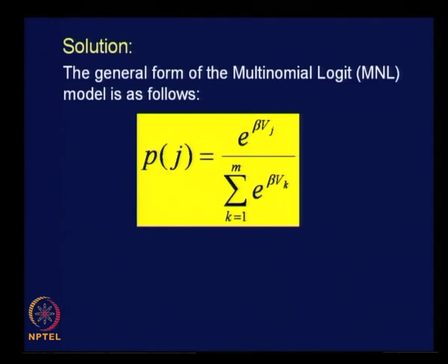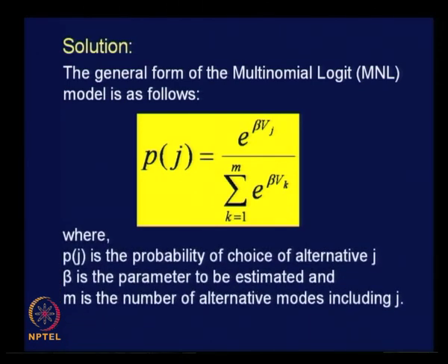Okay. It is an indicator, otherwise it has got no different meaning compared to what we have seen earlier. Where Pj is the probability of choice of alternative j and beta is the parameter to be estimated for the utility function, which is obvious, and m is the number of alternatives including j, right.